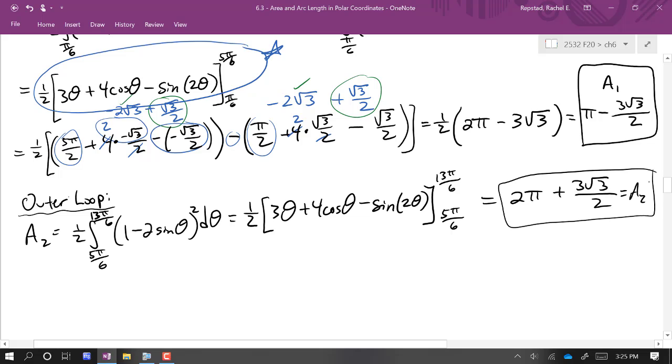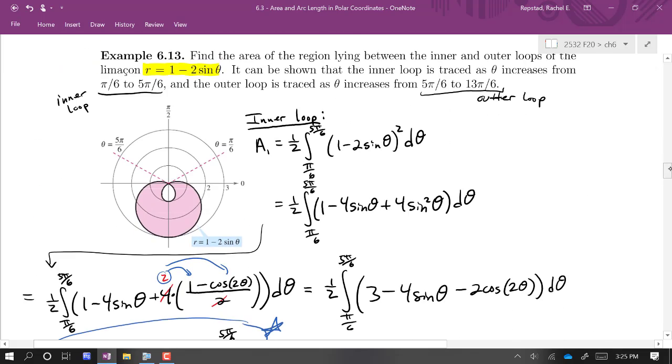All right, now we're ready to put it all together. The area between the loops is A2 minus A1, right? We had the outer loop, and then we wanted to punch out, or remove, that area of the inner loop.